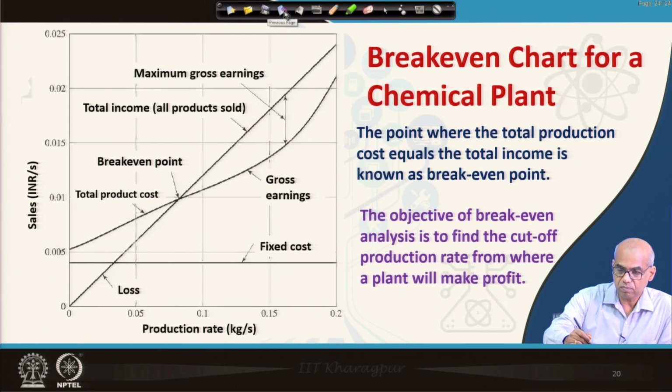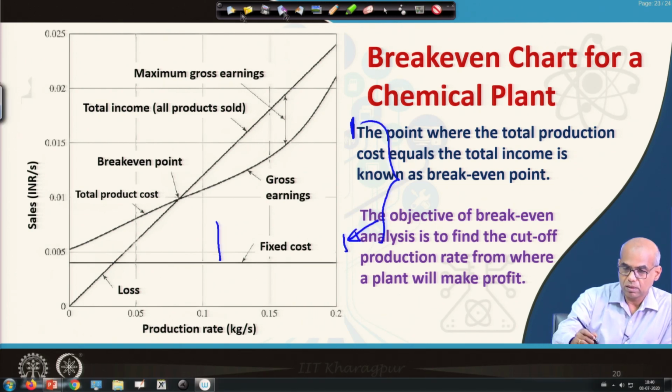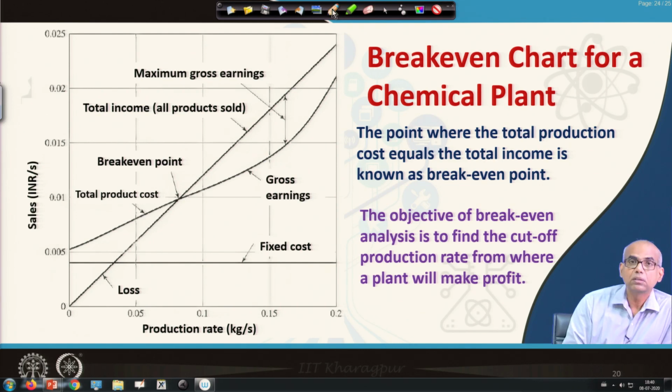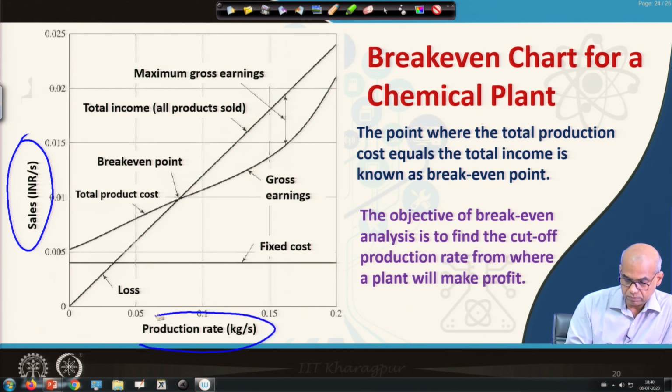Now, here we plot sales versus production rate. This represents fixed cost and this represents total product cost.